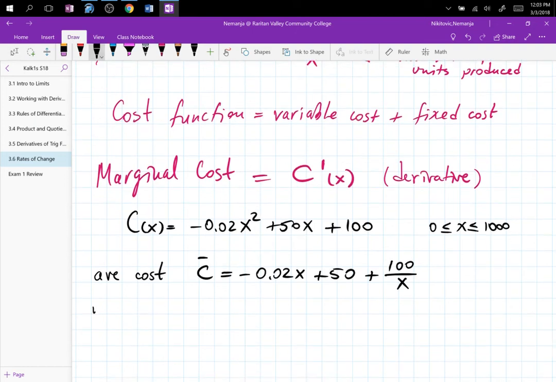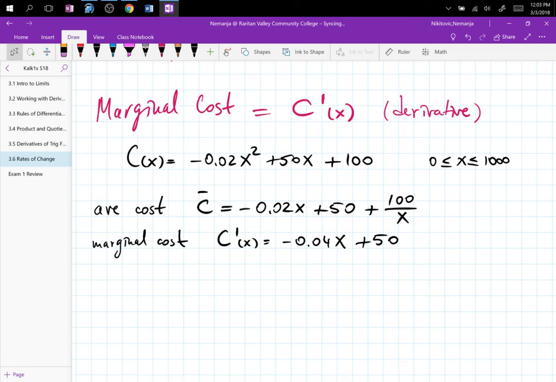Marginal cost is just C prime of x, and that is the derivative, so negative 0.04x plus 50. Remember that the derivative of 100 is 0, because it's a constant. So it's very simple to obtain these two, average cost and marginal cost.